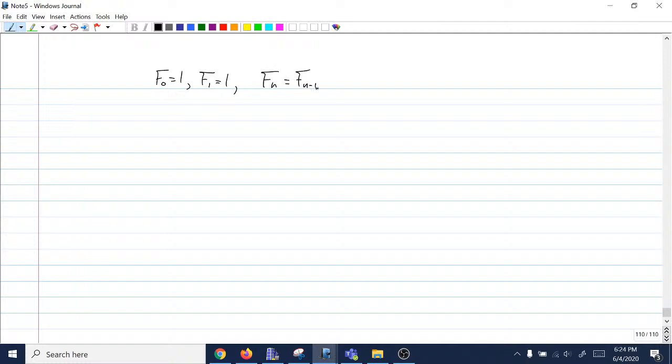You take the previous term plus the term before it, and that's the new term, and it starts with two ones, so 1, 1, 2, 2 plus 1 is 3, 3 plus 2 is 5, 5 plus 3 is 8, 8 plus 5 is 13, 13 plus 8 is 21.